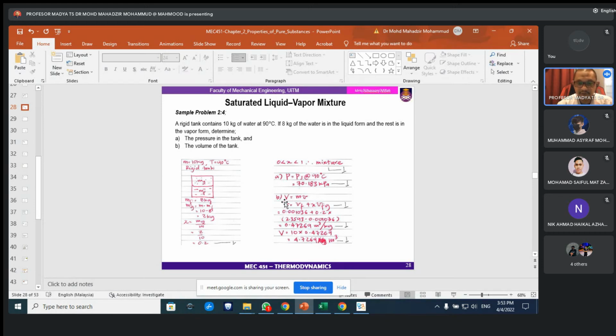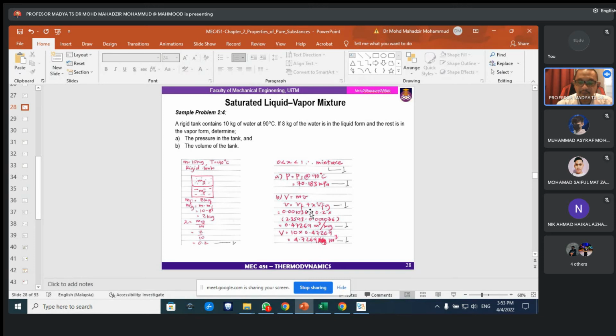And the volume of the tank, V, is equal to m times v. This is the formula for volume, because you only know the specific volume in the properties table, so you have to use the formula: specific volume times mass, and it will give volume.